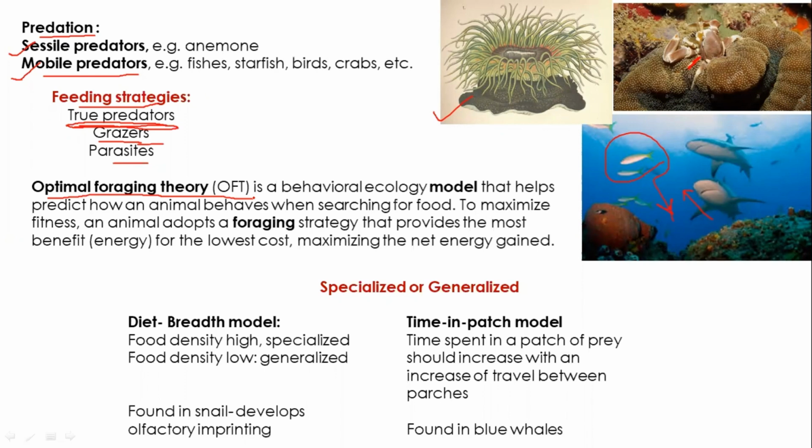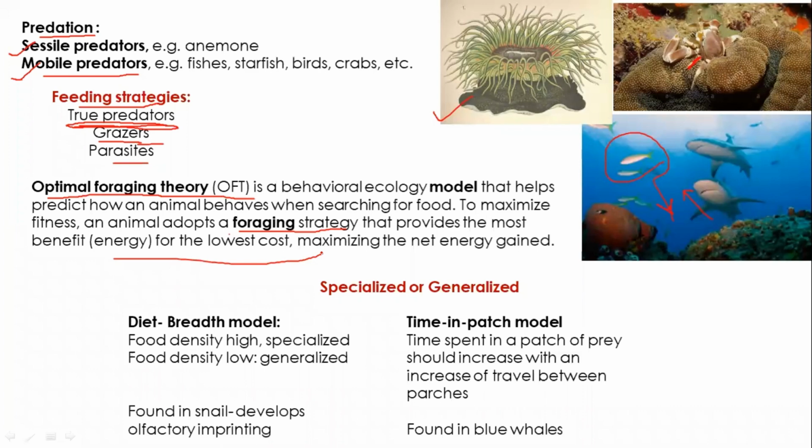So all those phenomena will be promoted or utilized whichever maximizes fitness. An animal in the marine environment adopts a foraging strategy that provides the most benefit for the lower cost. If the food comes at a lesser cost, that will be beneficial for any organism. So that is optimal foraging theory.